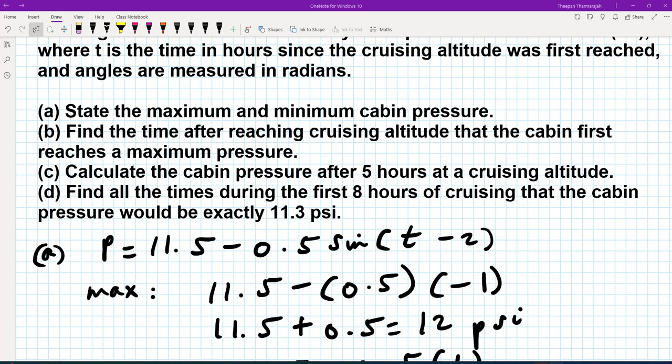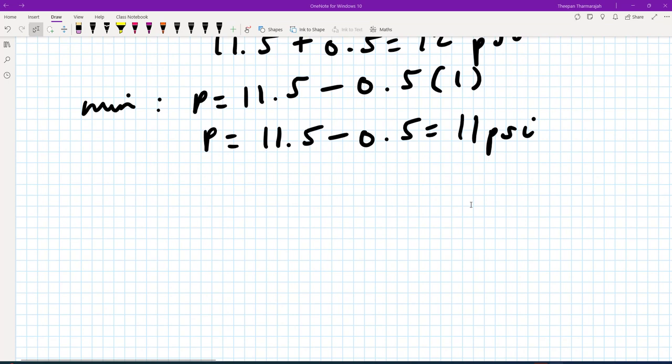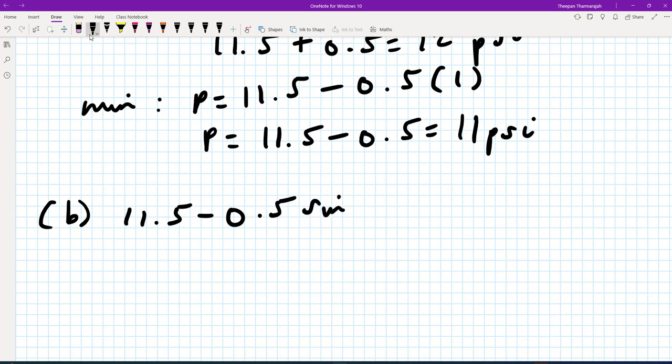Then part B says find the time after reaching cruising altitude that the cabin first reaches a maximum pressure. We know it reaches maximum pressure at 12, so we just calculated that. So 11.5 minus 0.5 sine (t minus 2) equals 12.